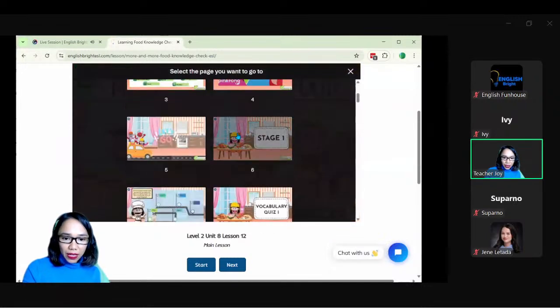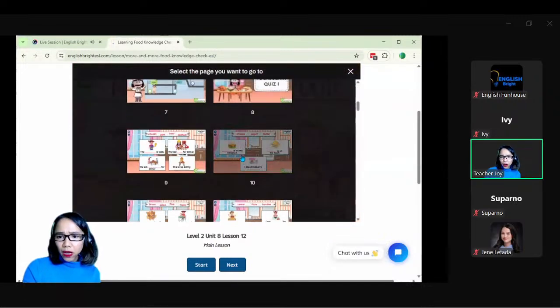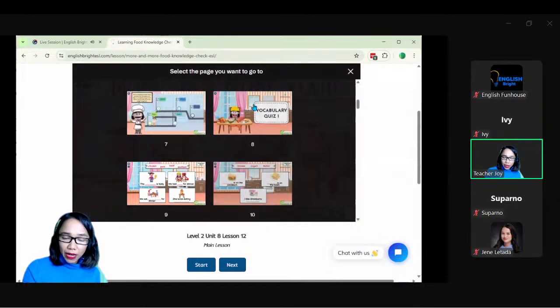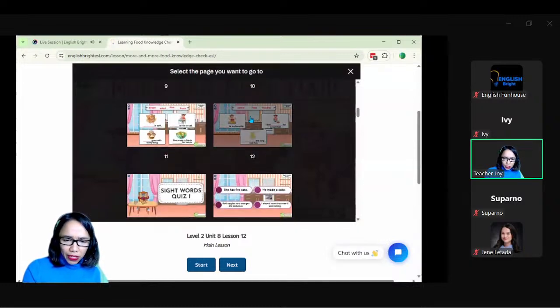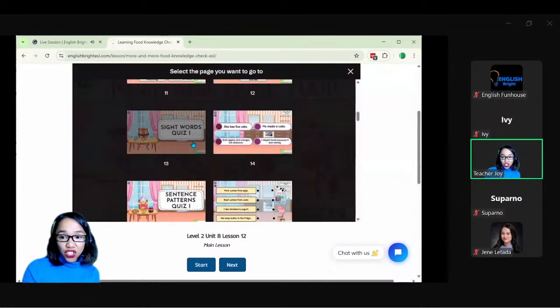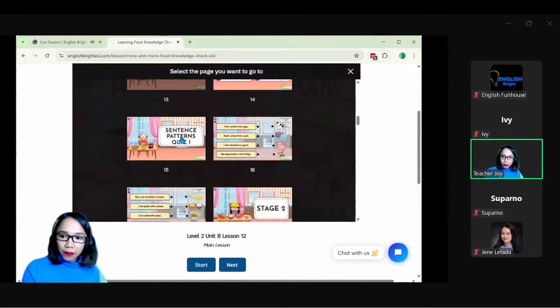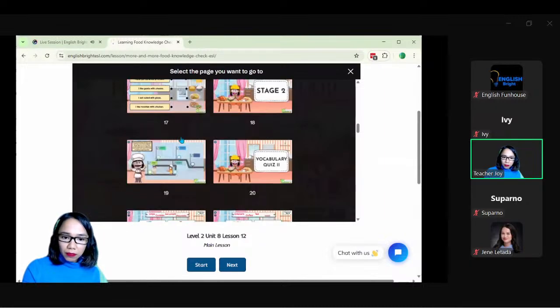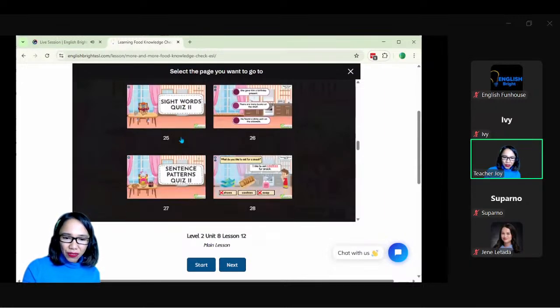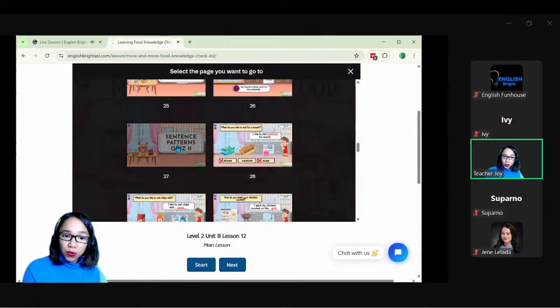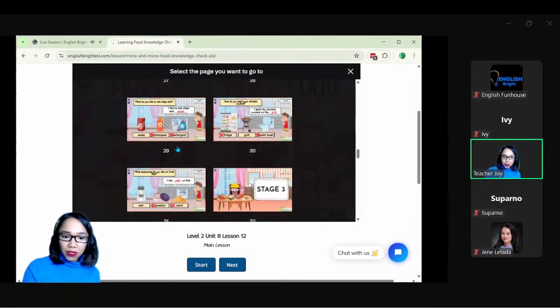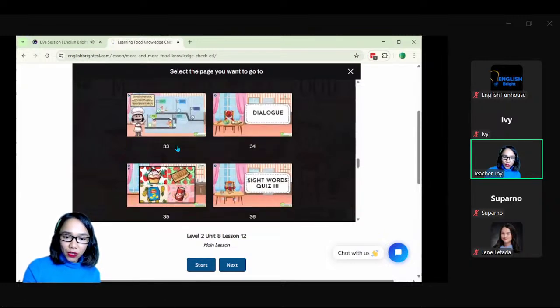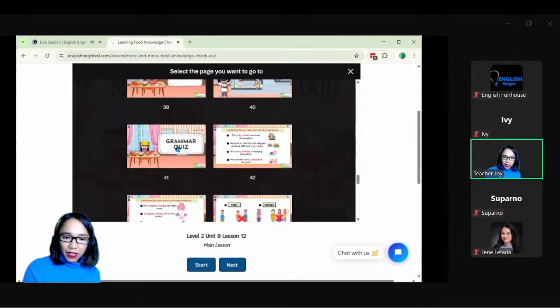And so you're going to say, okay, stage 1. Let's say your student's name is Maria. Maria knows the vocabulary, so we don't need to do that. But she doesn't know her sight words. So you go here, right? Well, she knows her vocabulary. Let's just do the sentence patterns. So you go here.